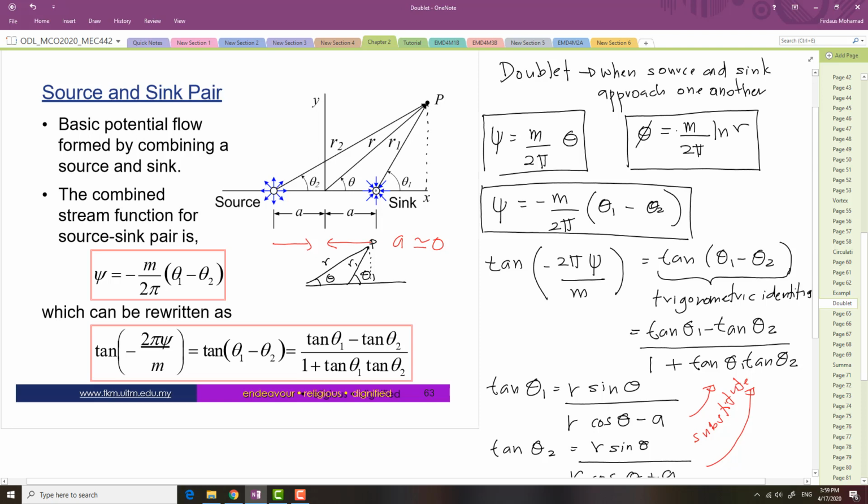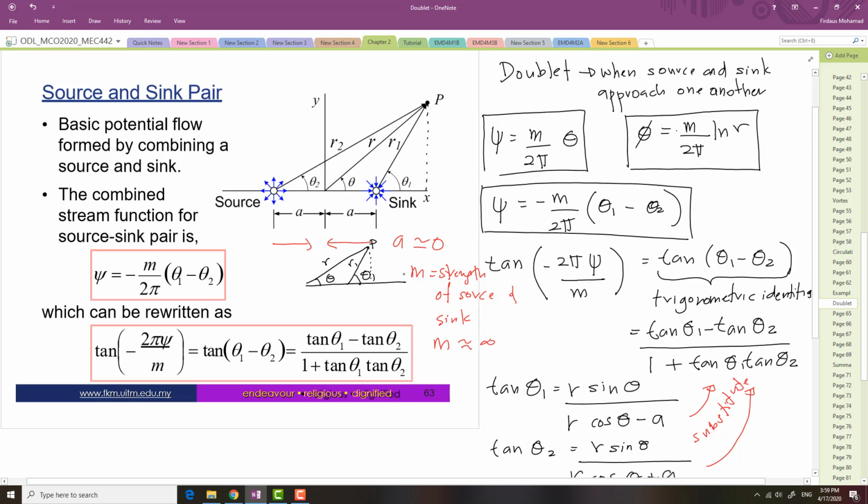And in order to get them to approach one another, the strength of source and sink, M, you remember, will be increased to some infinite value.